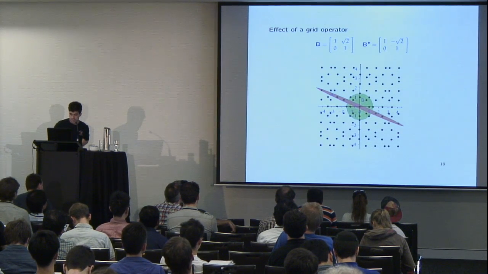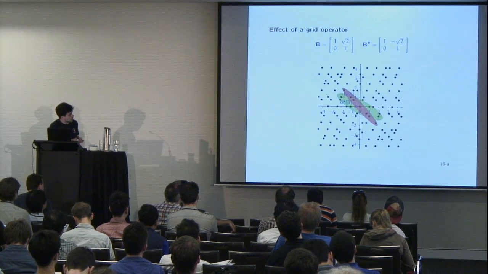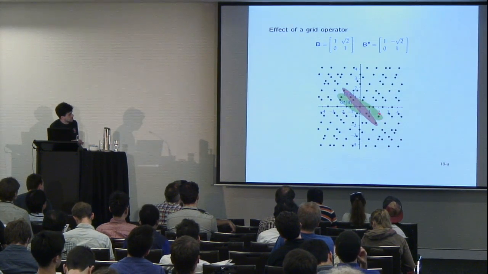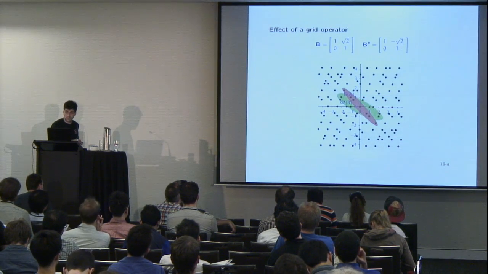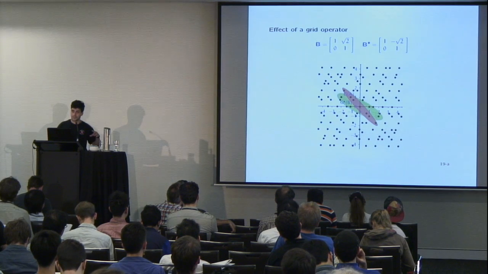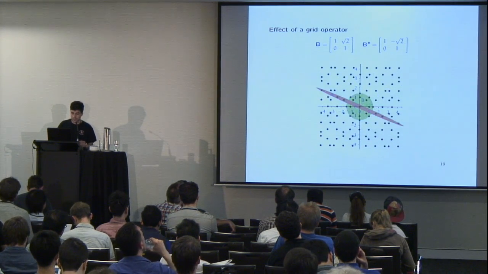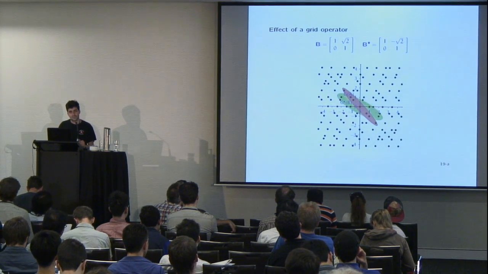Well, when you apply B, you get this problem. You'll note that there's still the same number of solutions. And also, the pink set is a little more upright. So that's nice. At the beginning, it was pretty far from upright, and now it's a little bit better.